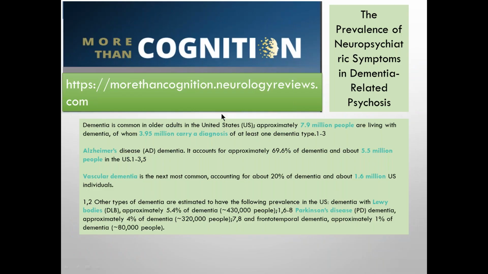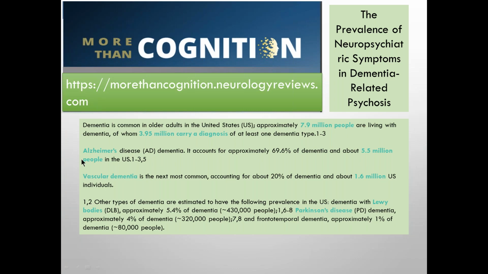So when we're looking at dementia, just Alzheimer's, 3.95 million people carry at least one type of dementia. That's incredible. That's how many people you have as customers, as audience, as potential people you can help.